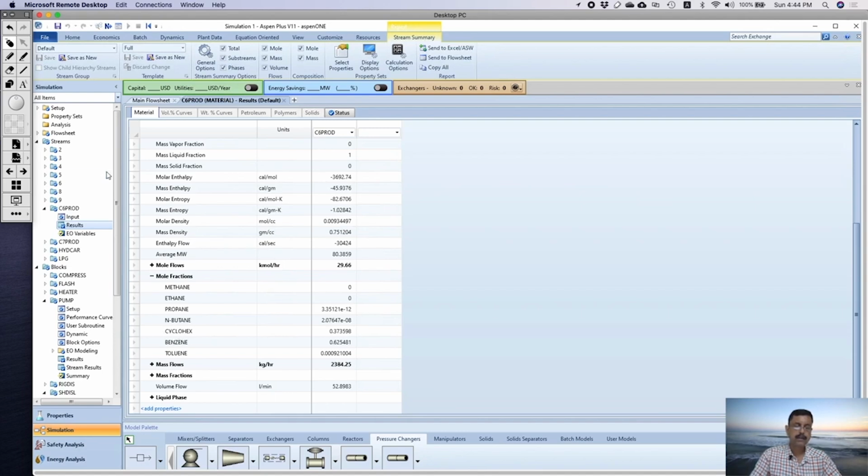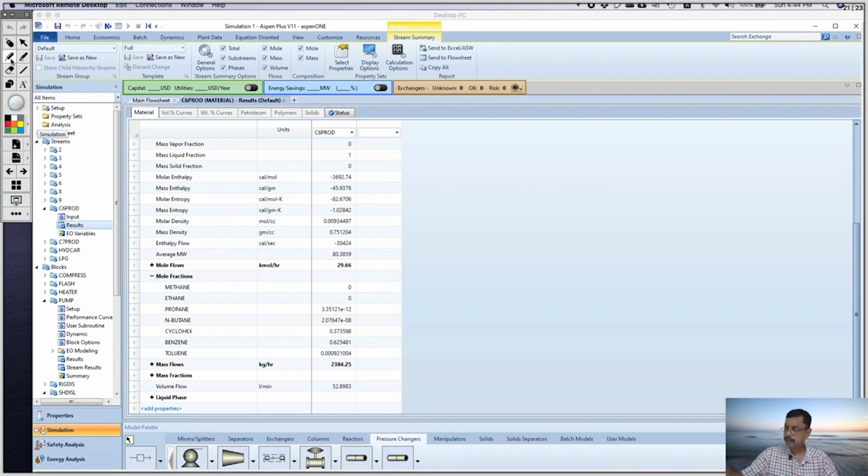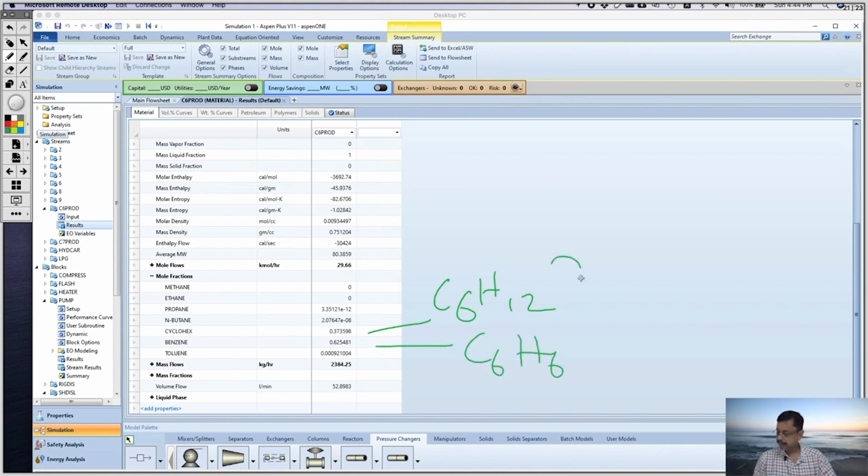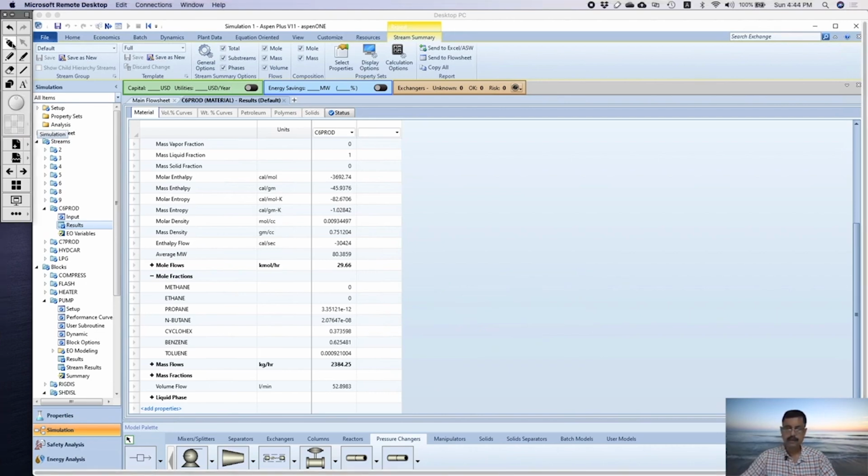So you can understand how it is, because cyclohexane is C6H12 and benzene is C6H6. So that's how you have your C6 product.